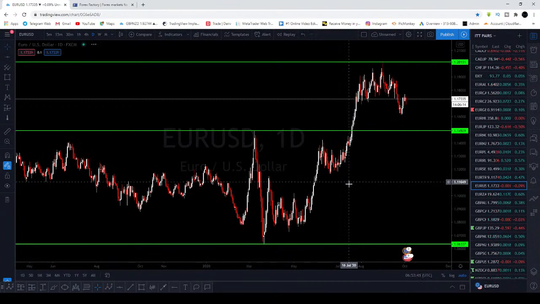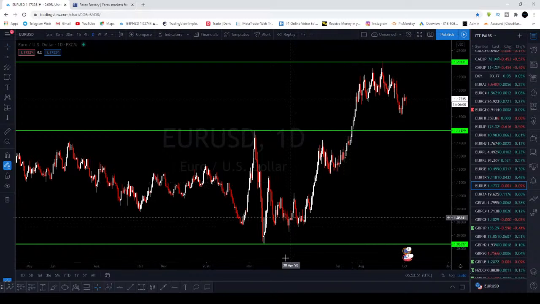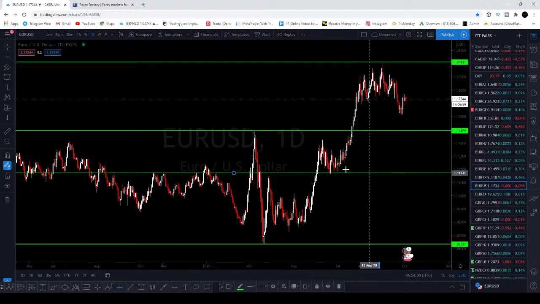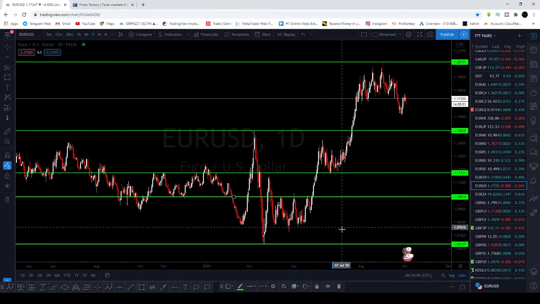So right now, what we are doing is EURUSD daily time frame, putting in our support and resistance lines, right? So let's continue by putting the support and resistance lines. From there, we can go down and start doing other things, right?